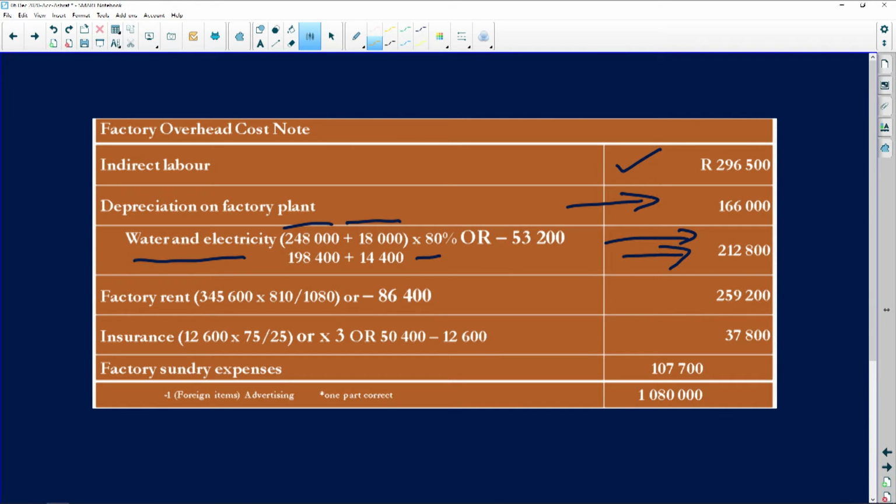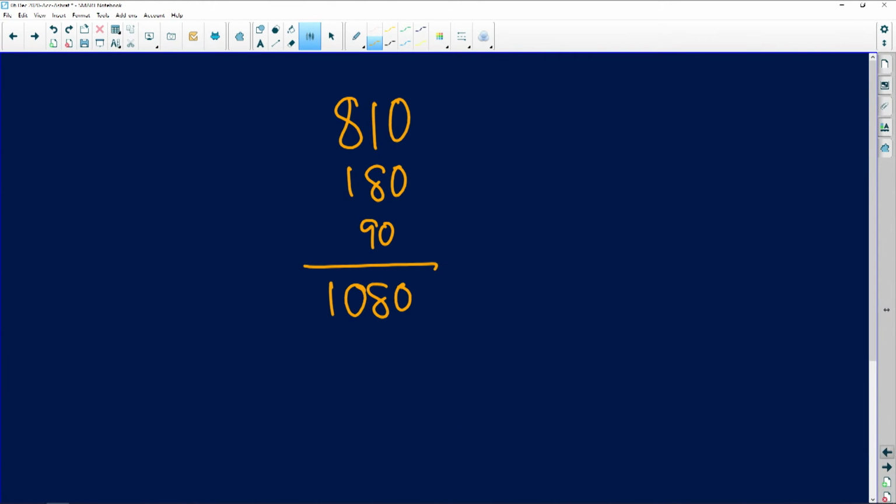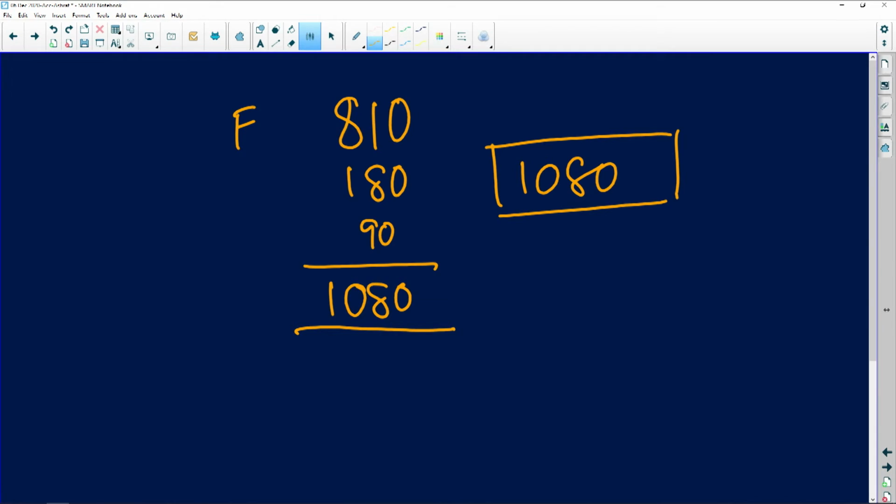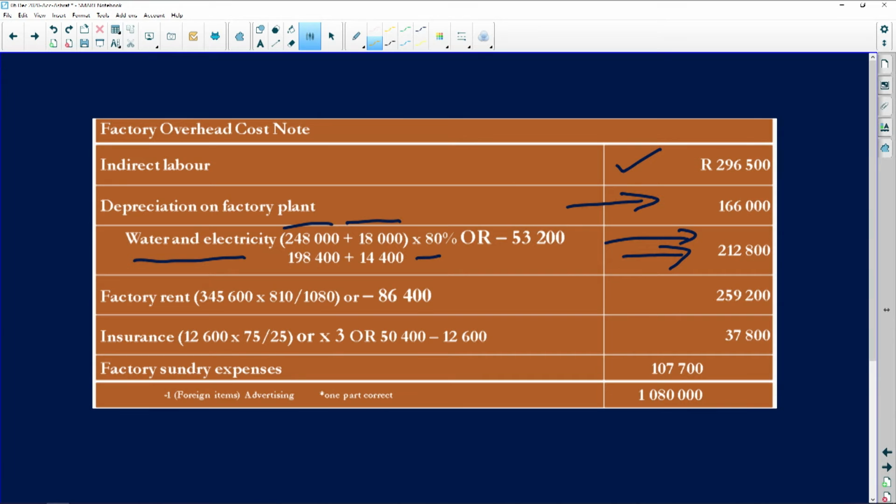Right? Okay. Now, once you have that as your floor area, the number of square meters for the total building. In other words, your total building has a total floor area of 1,080 square meters. Now, you want to know what portion of that must be apportioned to the factory? Obviously, it's the 810 because that was my factory. So I say 810 over 1080. And here, guys, watch. Here's my calculation.